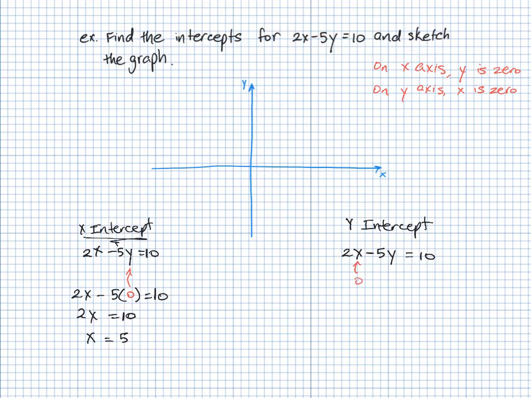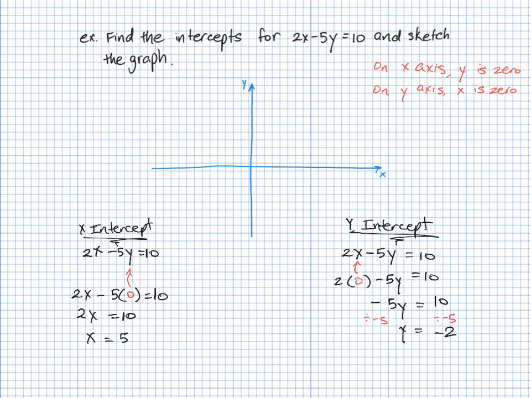And so we have here 2 times 0 minus 5y is equal to 10. So we get that negative 5y is equal to 10, which means that if we divide both sides by negative 5, y is equal to negative 2. And that is our y-intercept.